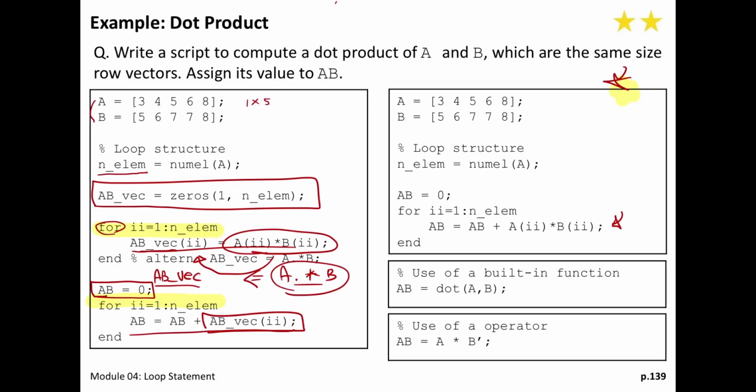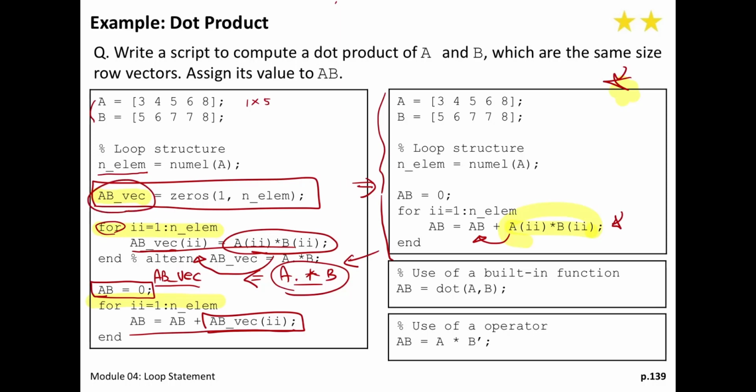In this case, we don't have to compute ab_vec; we can just directly add this value to ab. So we can shorten this script. This is much more efficient and readable than the previous one, because defining this vector is unnecessary.